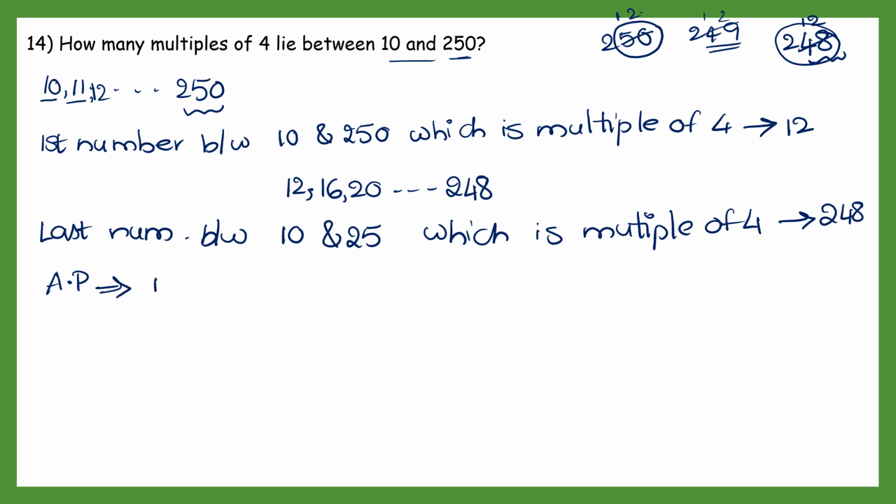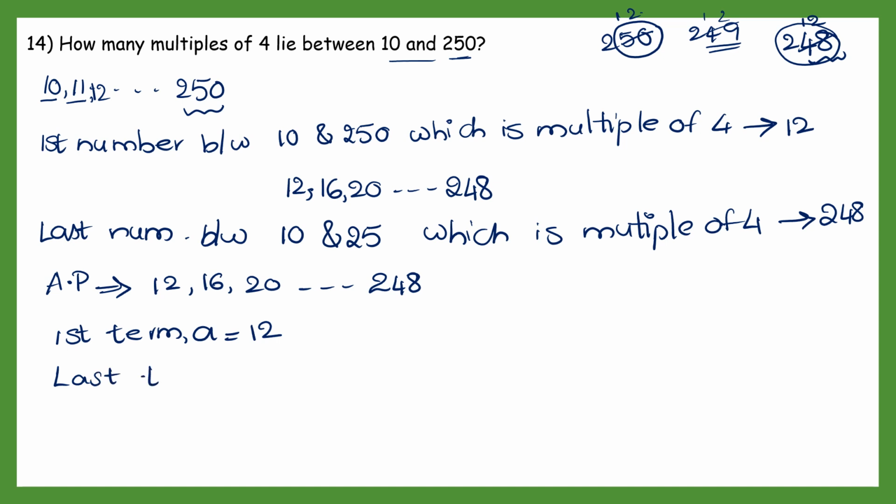AP is 12, 16, 20 and so on up to 248. Here the first term is what? The first term you can call A or A1, that is 12, and the last term An, the nth term, is 248.